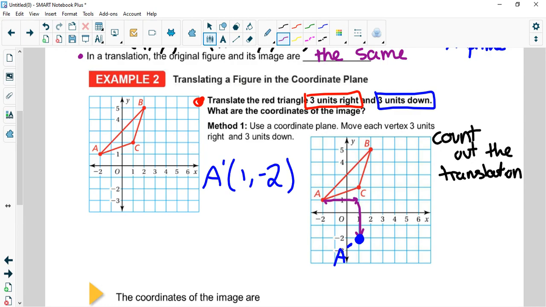Let's try B. I take my point B and I go 1, 2, 3 to the right and 1, 2, 3 down. And wherever I land, I put a point, and I call that B prime. Its location on the graph is at (5, 2).